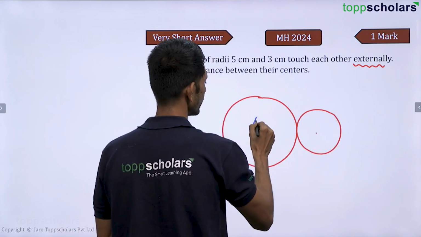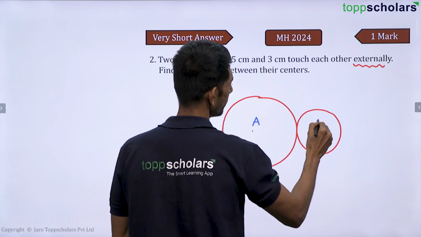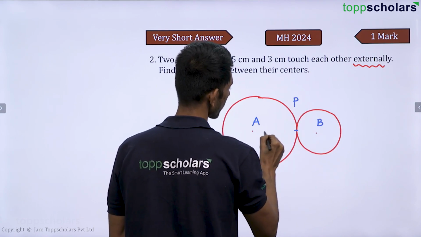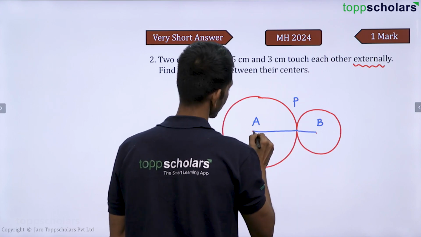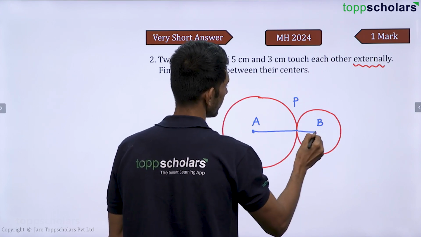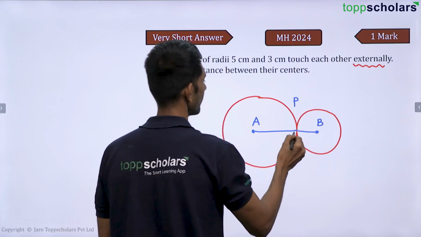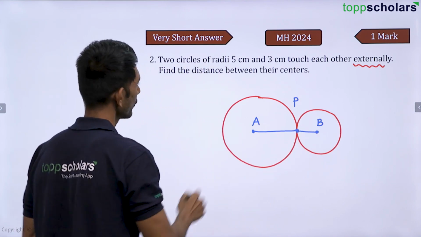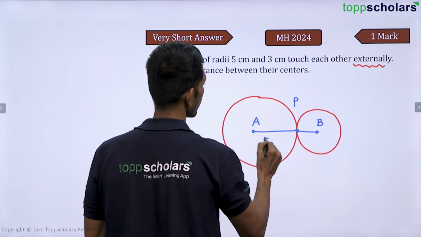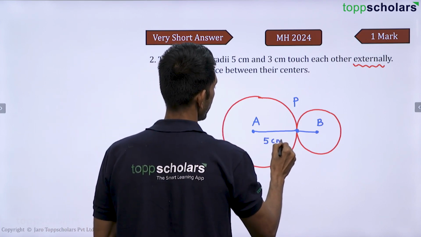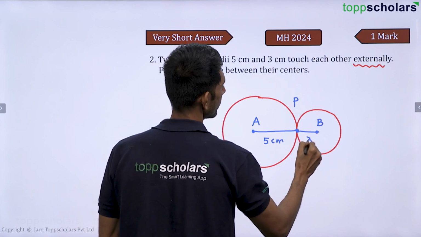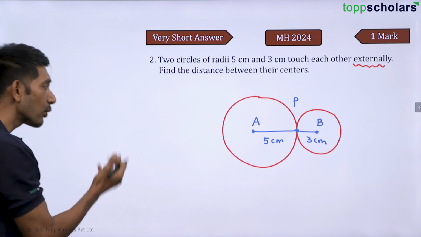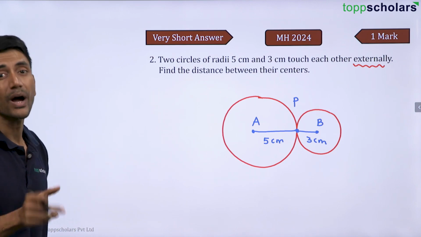So there are two circles with center A and center B touching each other externally at say point P. The radius of the first circle is 5 centimeter. Radius of the second circle is 3 centimeter. You know the answer directly, it is 8. But don't write it down directly because you have to give the reason why we are adding that.